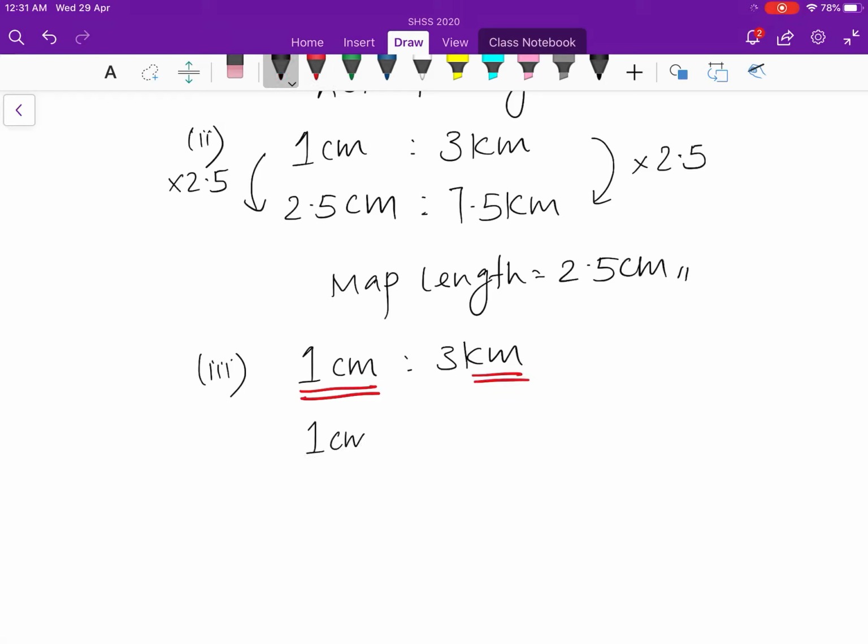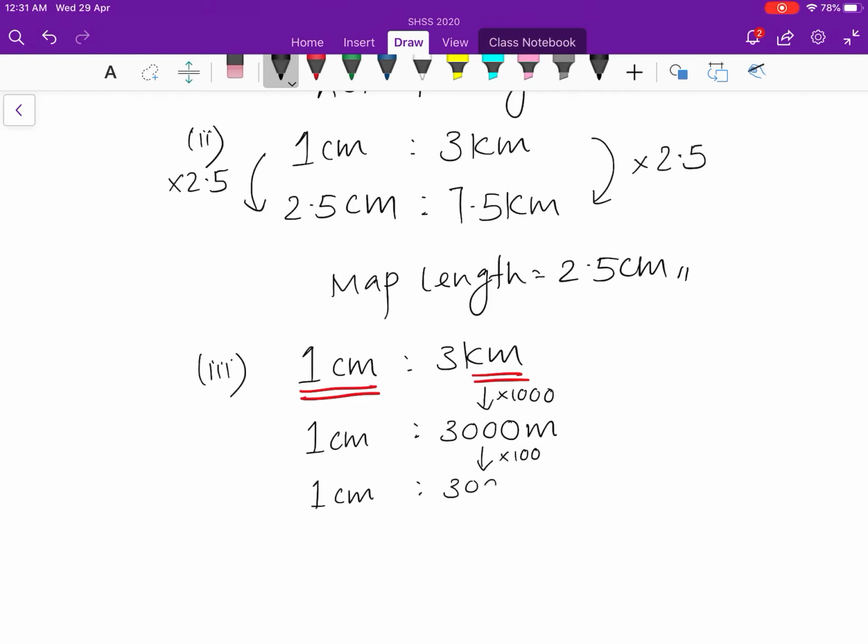So 1 cm remains as 1 cm. 3 km, if you were to change to meters, is times 1,000. So that is 3,000 meters. And 1 cm still remains as 1 cm on the left side. If I want to change meters to cm, it is times 100.